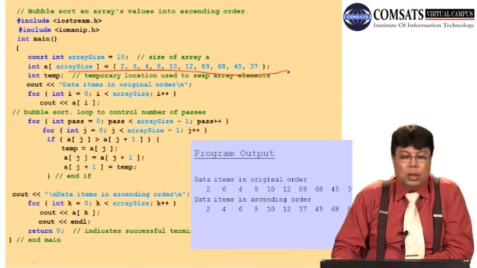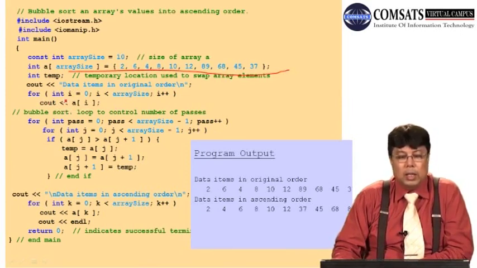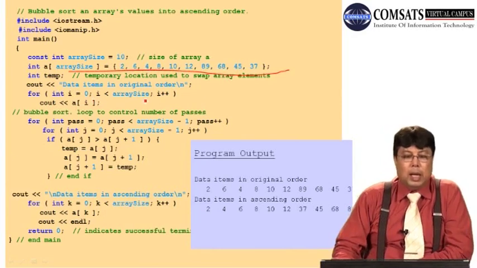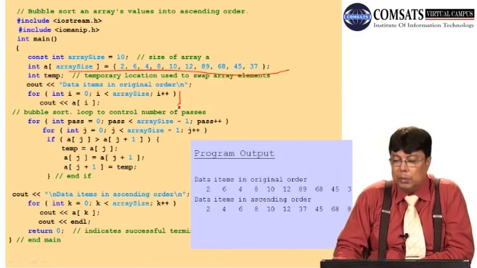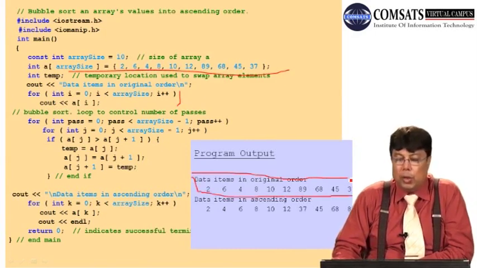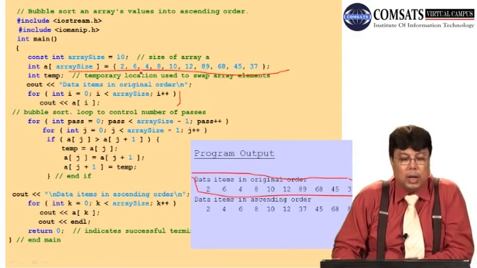Then we have used the loop here, for int i equal to 0, i less than array size, i plus plus. So basically what we have done here is just showing these data elements, this output. So this for loop is showing the data onto the screen.